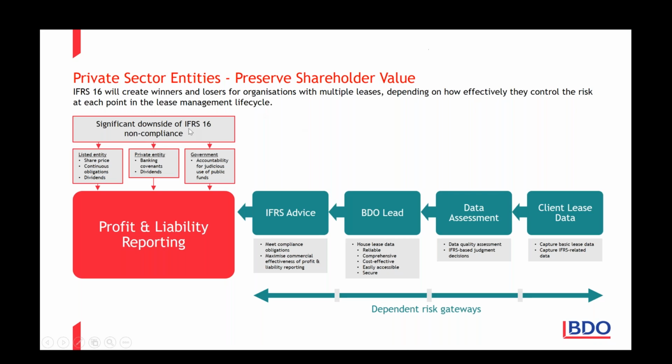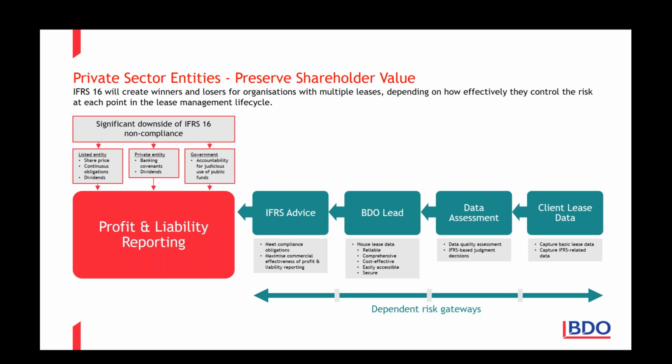Now, there's significant downside of IFRS 16 and non-compliance with IFRS 16. So if you're a listed entity, the downside could be there's a hit on your share price. It's linked to continuous disclosure obligations that you have. And can you, after the implementation of IFRS 16, continue to declare dividends?